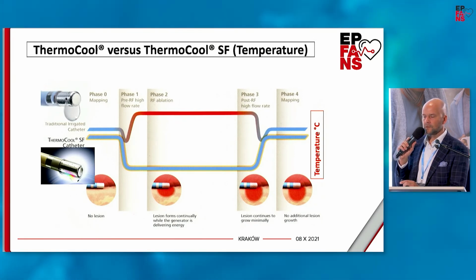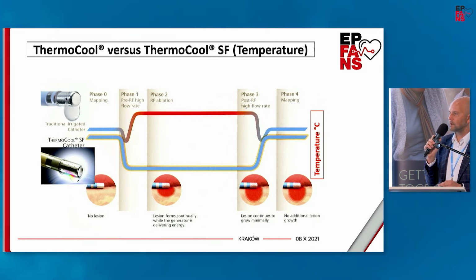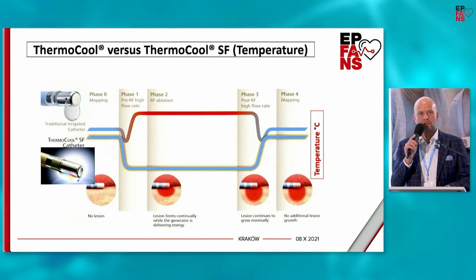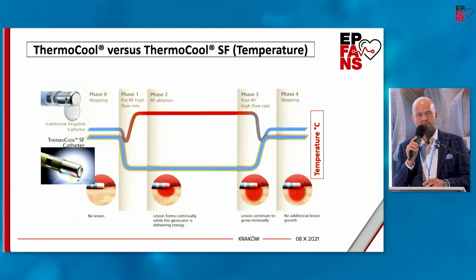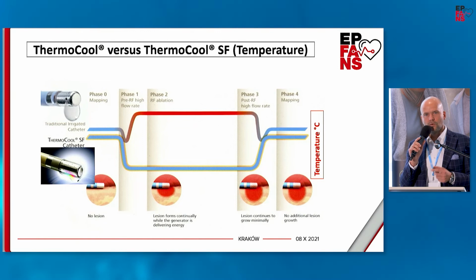In some of the catheters, tissue overheating occurs during a 2 to 3 centigrade deep temperature rise, while in others the temperature is fixed unless there is obstruction in saline flow.